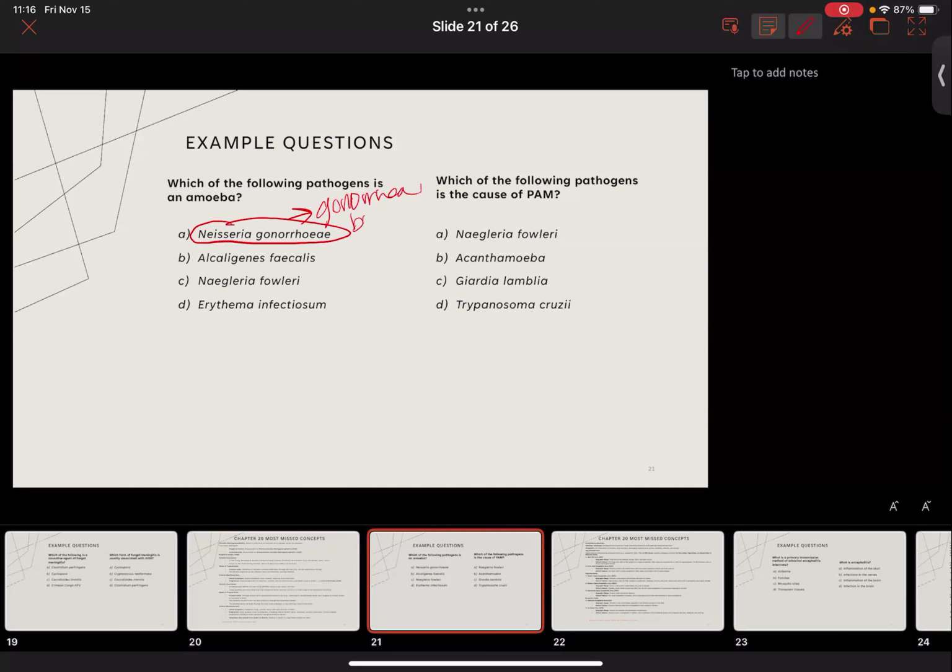But that is bacteria. If you didn't get that from Neisseria gonorrhea and the fact that it causes gonorrhea, you should be able to, from this chapter, chapter 20, know that Neisseria can cause Neisseria meningitis. The meningococcus is a cause of meningitis.